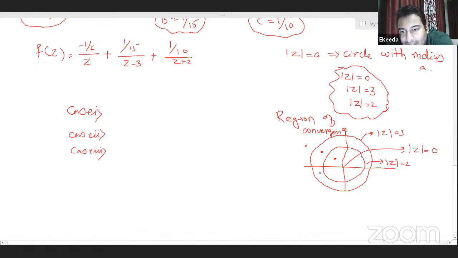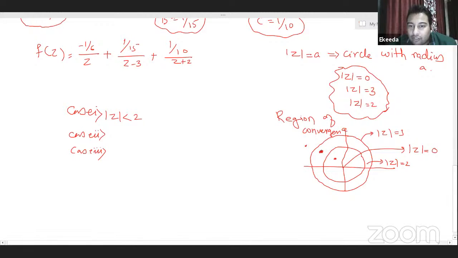See here, this point is lying inside the smaller circle. That means mod z is less than 2. You assume this mod z as the point. This point is lying inside this particular circle, that means less than; inside means less.